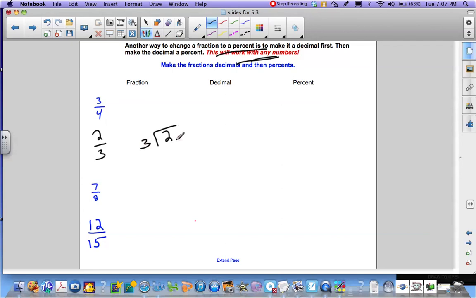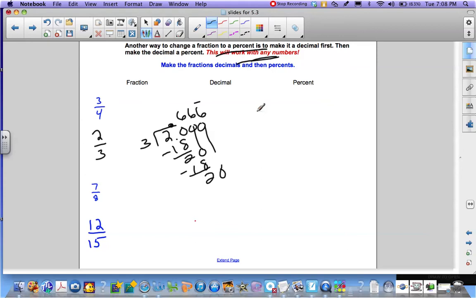2 divided by 3. Okay, I'm going to bring my decimal up. Okay, and I'm going to see here that I'm going to get a repeating decimal. Okay, this is going to go on and on. Okay, so 2/3 as a decimal is 0.6 repeating.